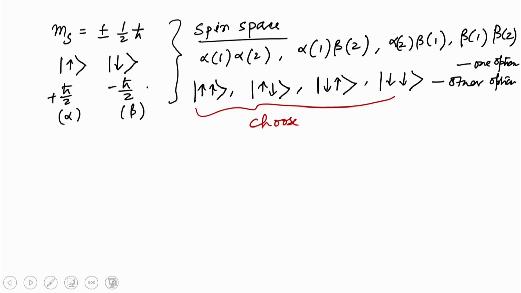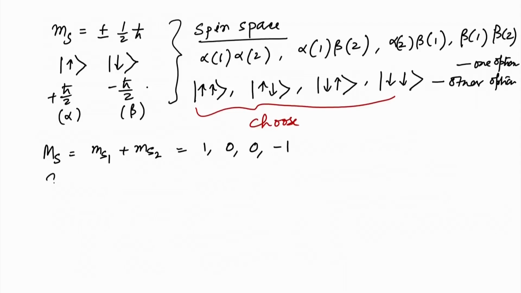So what is the total value of MS, which is MS1 plus MS2? It can take values 1, 0, 0, minus 1: 1 when they both add up, half plus half; then half minus half; minus half plus half; and minus half minus half. And the total spin quantum number S, which is S1 plus S2, can take values 0 and 1.